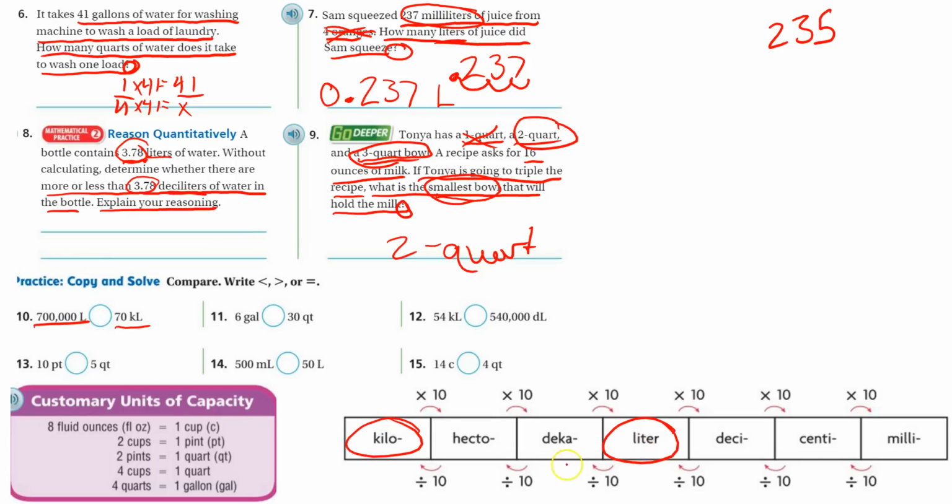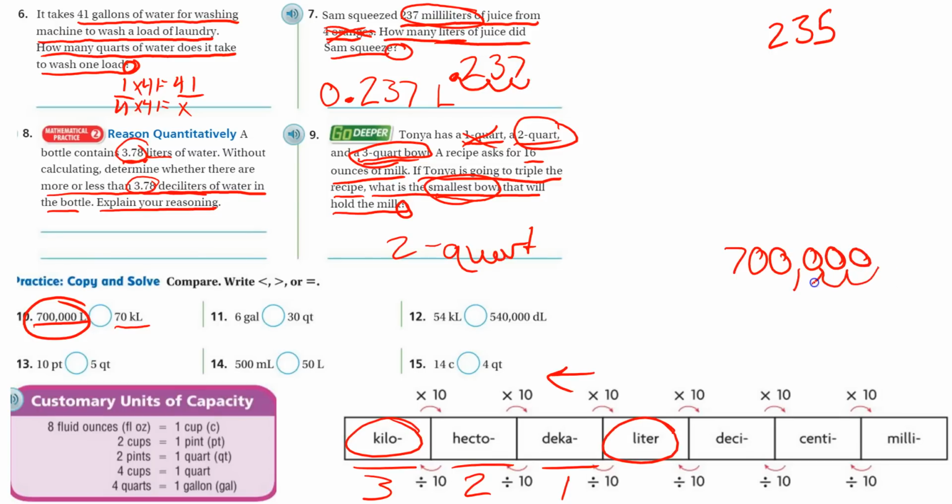So I'm going from liters 1, 2, 3, and I'm moving to the left. So I take my original number and move my decimal 3 places to the left: 1, 2, 3. That would leave me with 700, and that is greater than 70.